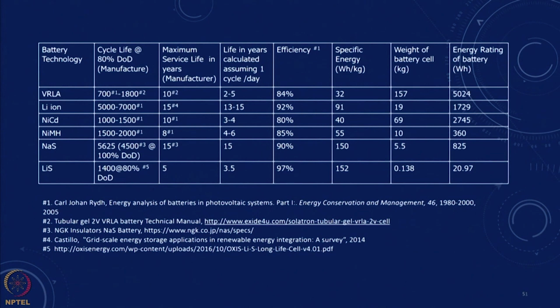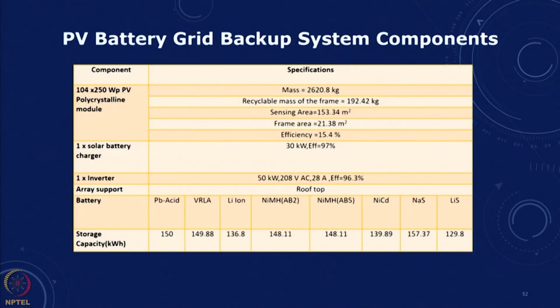So if we look at the different batteries, you can see the difference in the cycle life. You see lithium ion has much higher cycle life than the lead acid, and then the other ones are something in between, and the life and the efficiency, specific energy, the energy rating, and of course depending on the battery efficiency for a particular requirement, the ratings on the same functional unit, same basis, we will have different ratings, and that's used for calculation.